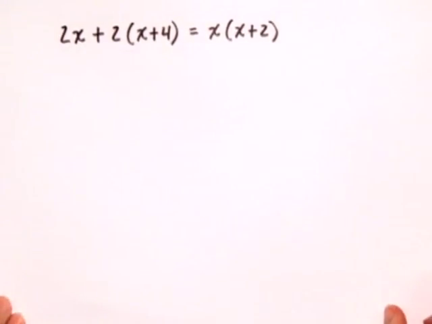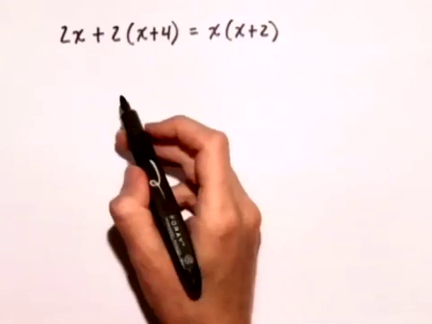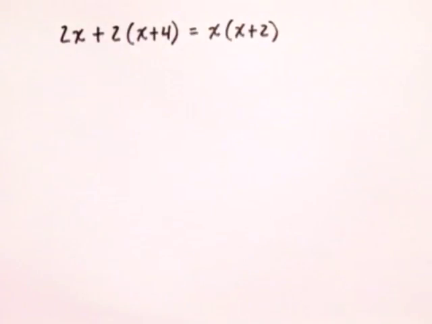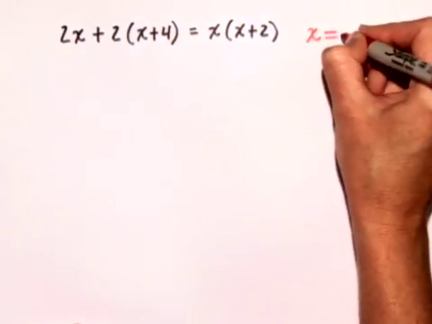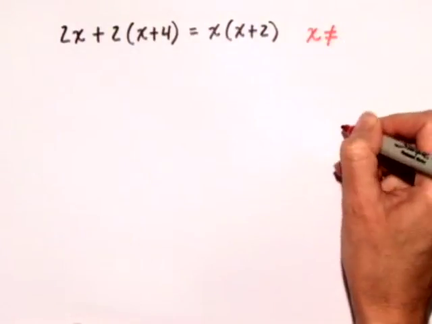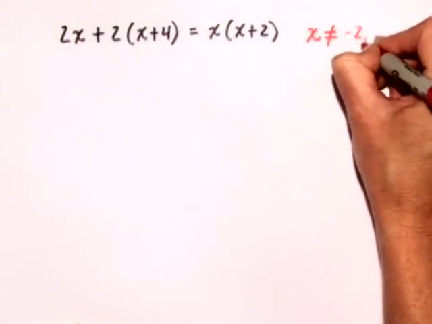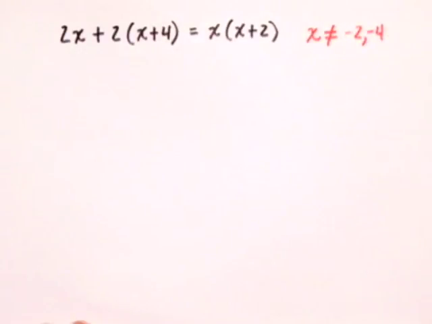So here's our equation: 2x plus 2 times the quantity x plus 4 equals x times the quantity x plus 2. And remember, just as a reminder, we decided in our first step that x could not be equal to negative 2 or negative 4.